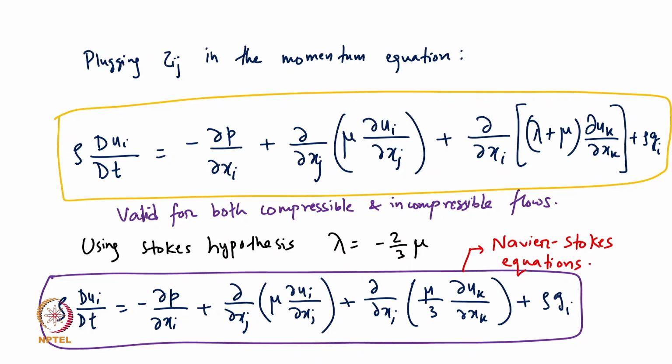Navier was a French civil engineer, and Stokes was an Irish mathematician and a physicist who made contributions to giving rise to this form, that governs the fluid flow, that gives us the evolution of the velocity because of the various forces acting on the fluid elements.